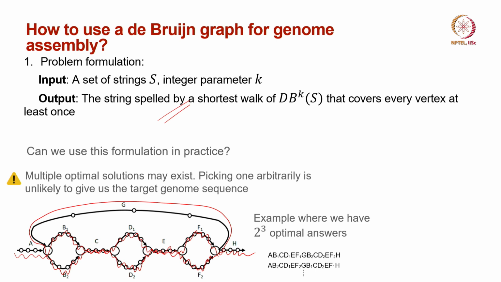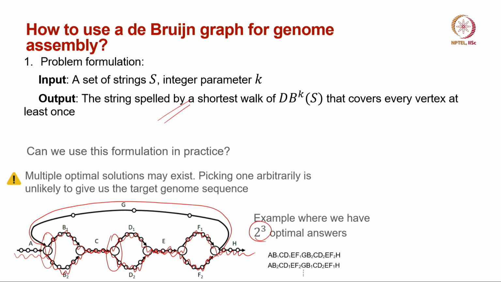However, observe that in the first walk we preferred the B1 D1 F1 sequence, but we could have picked any other sequence, that is B2 D1 F2 or B1 D2 F1 and so on. So, we had to make an arbitrary choice when we reach this vertex, and again we had to make an arbitrary choice when we had reached this vertex. And for this particular example you can see that there are 2 raised to power 3 optimal answers, because there is a binary choice that we can make at each of these 3 vertices.